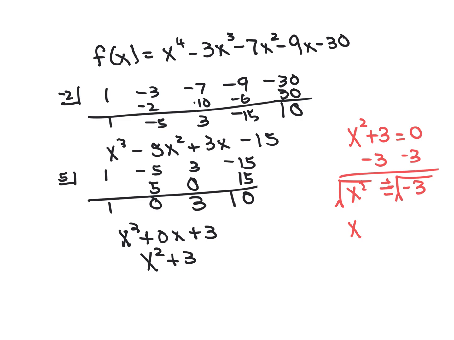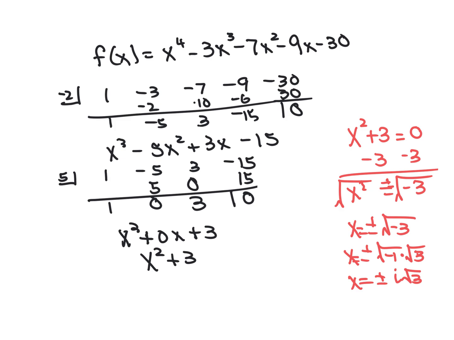So I get x is equal to plus or minus the square root of negative 3. We know that we have to break that down as the square root of negative 1 times 3. So x is equal to plus or minus i times the square root of 3.